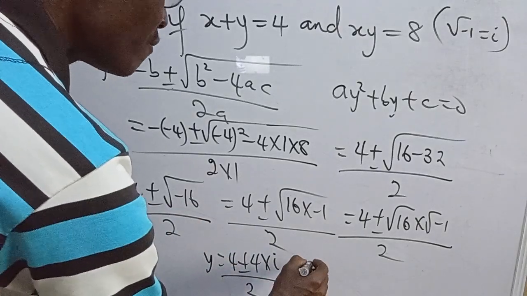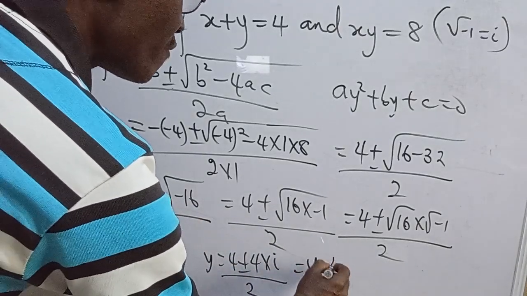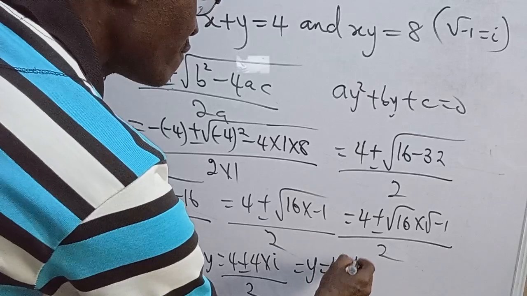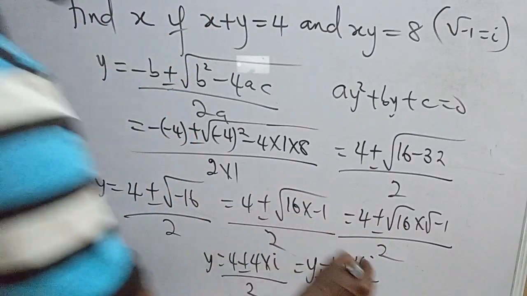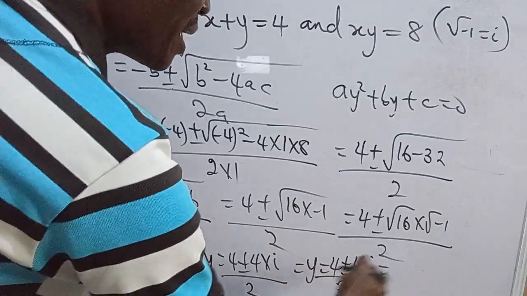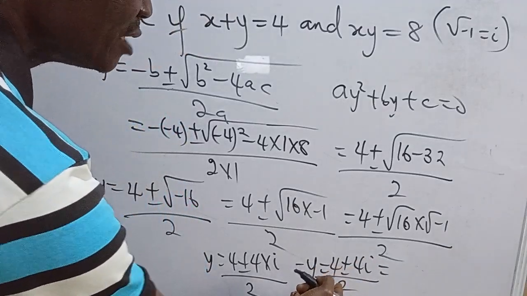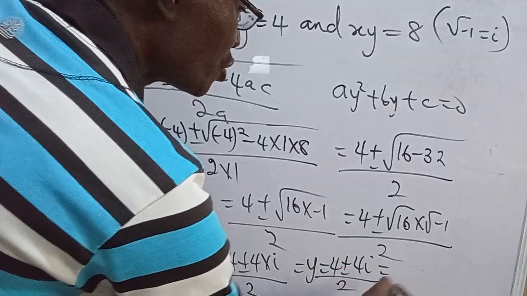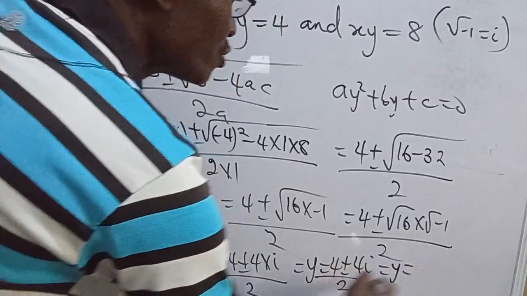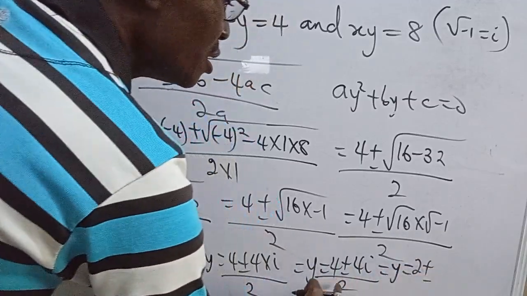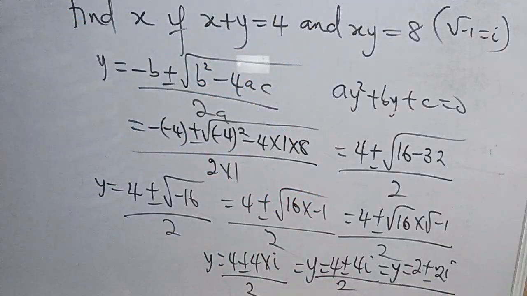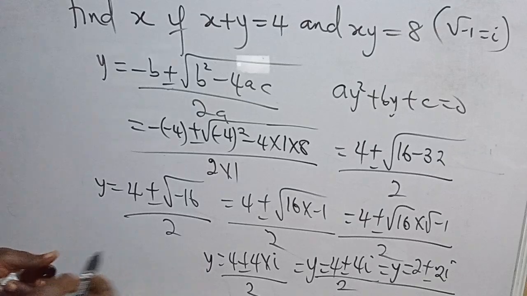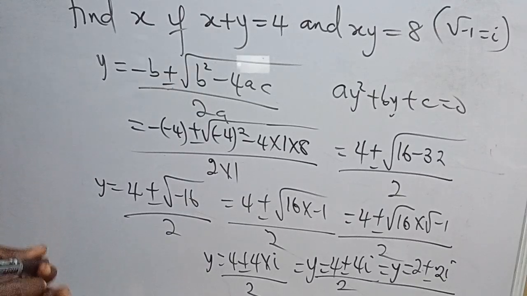So y is equal to 4 plus or minus 4i, all over 2. Divide through by the denominator 2. So y equals 4 over 2, which is 2, plus or minus 4i divided by 2, that's 2i. So our answer, y is equal to 2 plus or minus 2i.